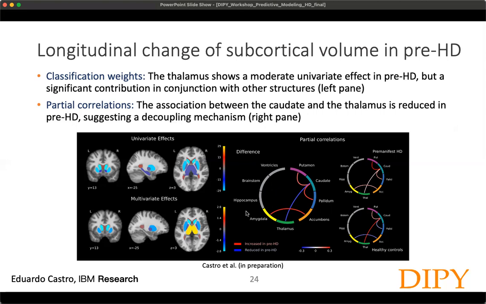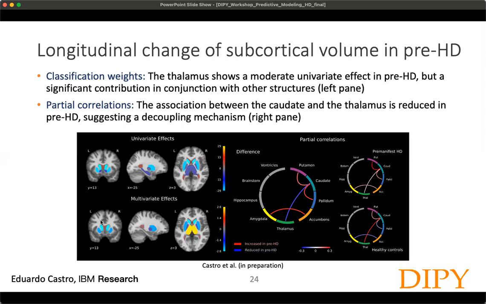Now, a region that is interesting in terms of the degree of atrophy is the thalamus, which again, there's a significant difference between healthy controls and pre-manifest HD, but it's not as big a difference when compared to the striatum.